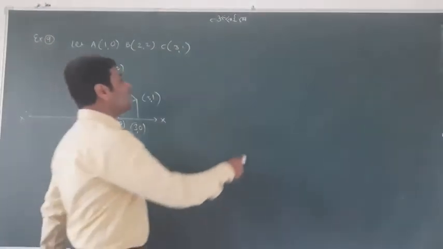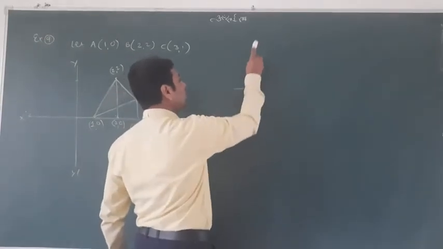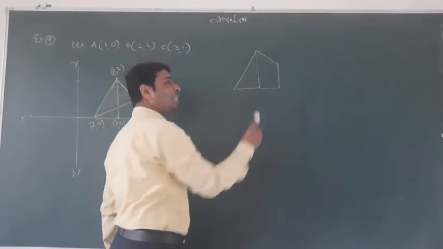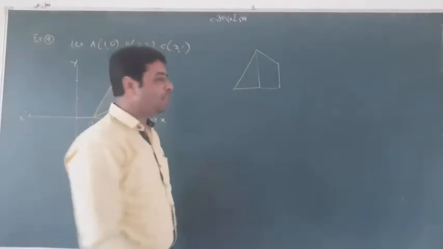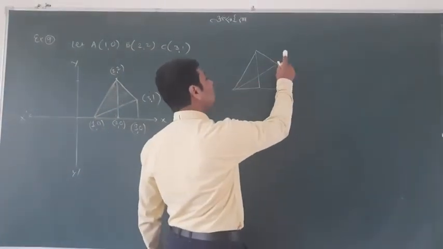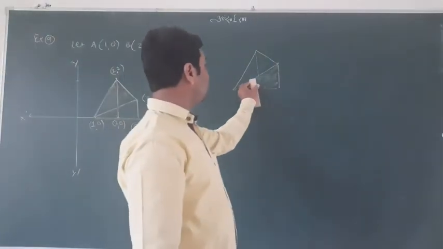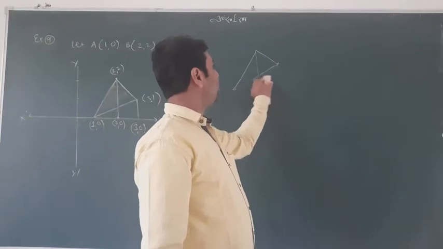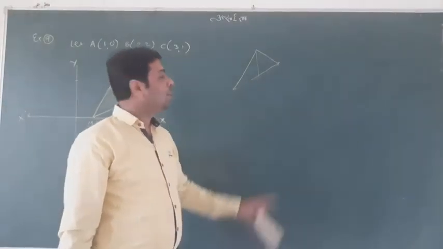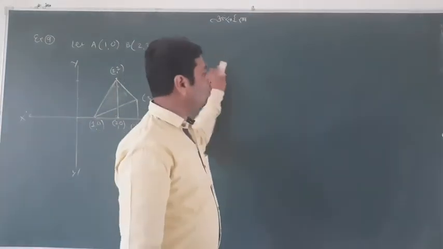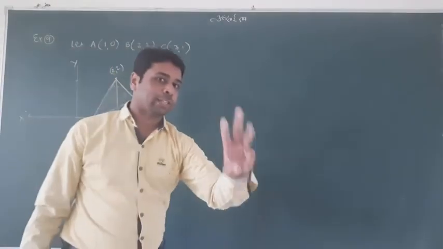After adding, I'll first find this area, then this area, add them, and then find this area and subtract. When I subtract this area from the addition of the above two, definitely your answer will be this triangle. So first of all, we will have to find three areas.